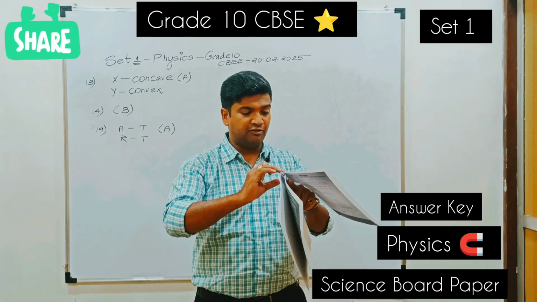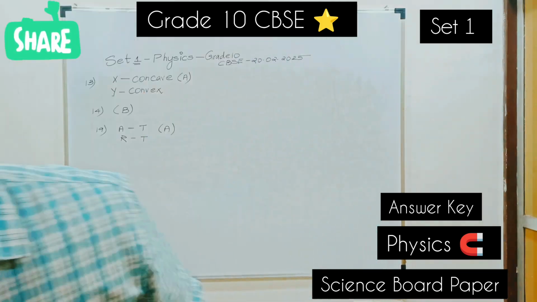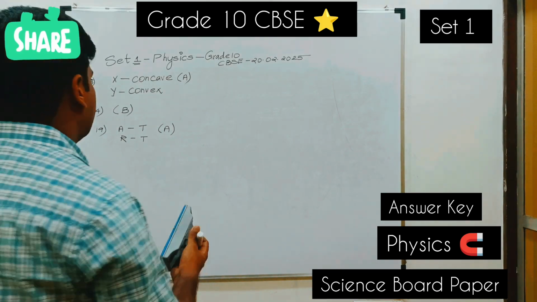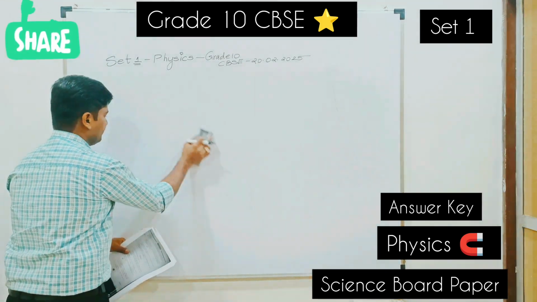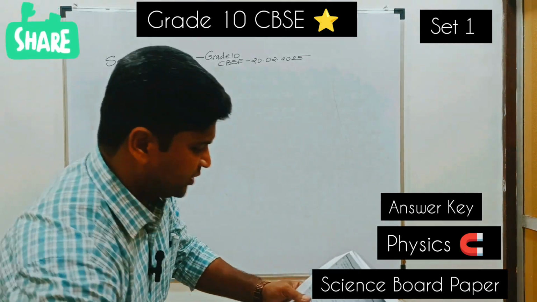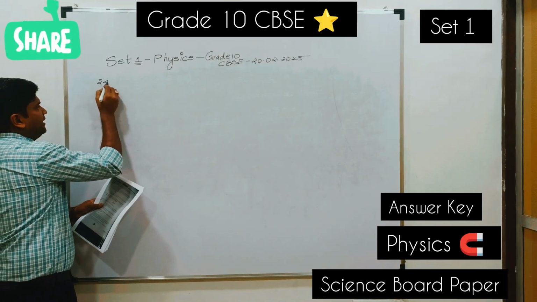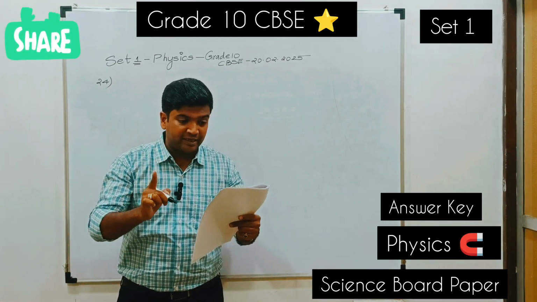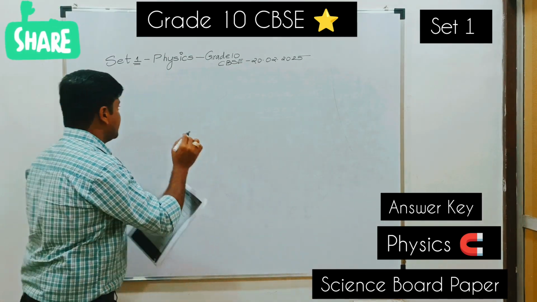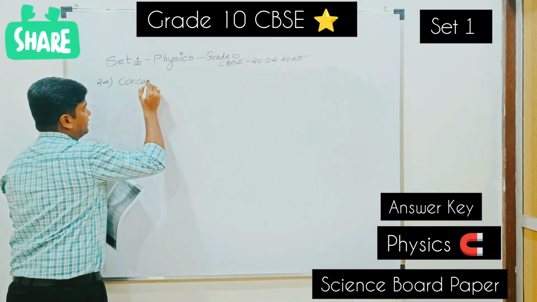Now, moving on to 23. Oh, I got the 24th question as physics. Let me just clear the board. Now, look at the 24th question, beta. It says that an object is placed at a distance of 60 centimeter from a concave lens. Immediately, look at the heading: what is the object given?